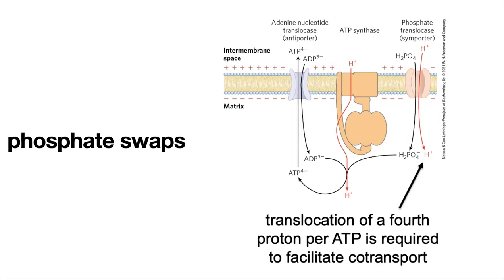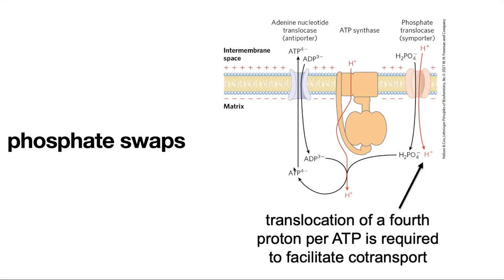In order to keep the cycle going, we need to bring in more inorganic phosphate and more ADP, and in order to make the ATP we made useful, we need to ship it out. This will also help keep our product levels low and our reactant levels high.